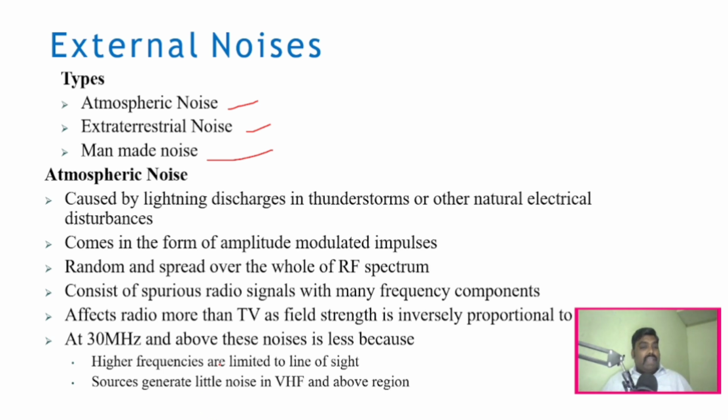At 30 megahertz and above, these noises are very less, because higher frequencies are limited to line of sight, and sources generate little noise at very high frequencies. So the main property of this noise is that it is very less above 30 megahertz.